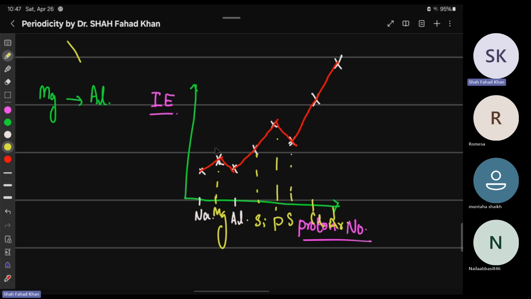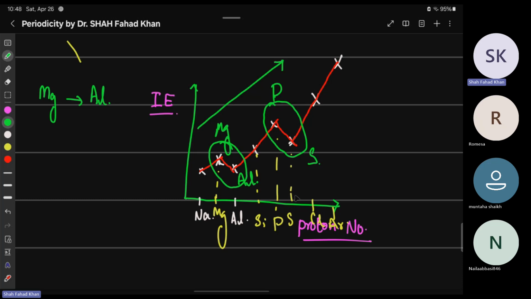Now, in this particular graph, the exception is present right over here as we go from magnesium to aluminum, because the overall trend is an increasing graph. But there are these two drops in the graph. The first drop is as you go from magnesium to aluminum, and the second drop is as you go from phosphorus to sulfur.